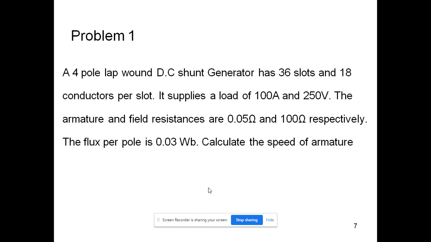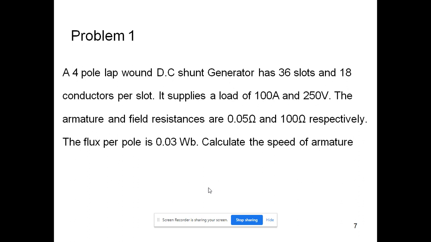It supplies a load of 100 amperes at 250 volts.